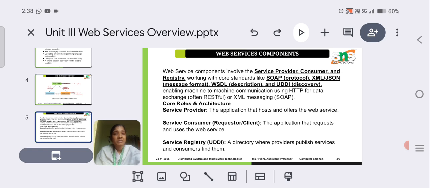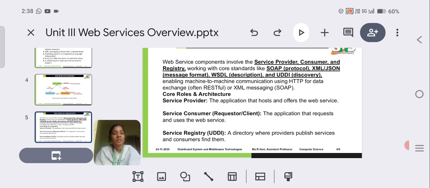With the help of these core standards, it is able to do machine to machine communication via the HTTP protocol, often used to exchange information via RESTful or XML messaging. The core role of an architecture is to host and offer web services. The application can request and get a response from the web service.